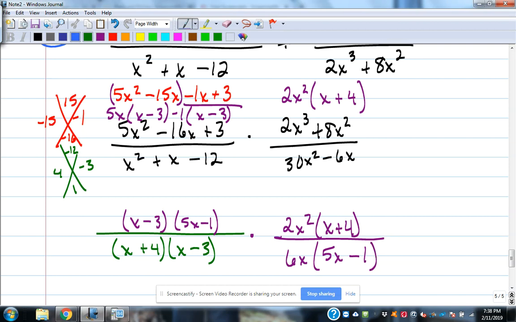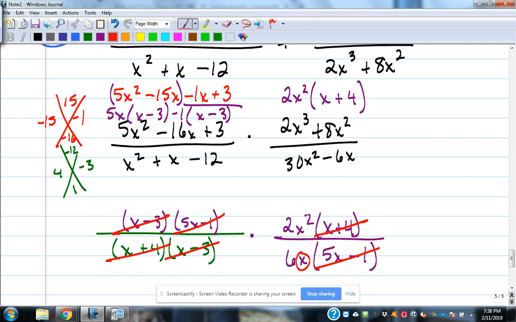And then once you get it all factored there, it's just vertical and diagonal cancellations. So vertical cancellations, I got the x minus 3s happening. And then diagonally, I got the 5x minus 1s. I got the x plus 4s. What else? You can take them for 6x.